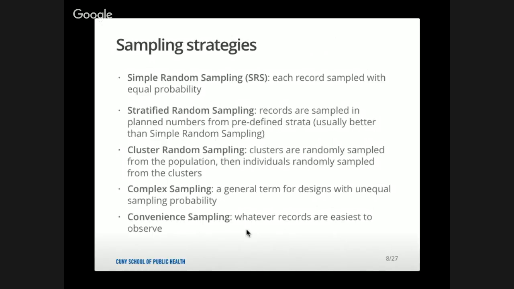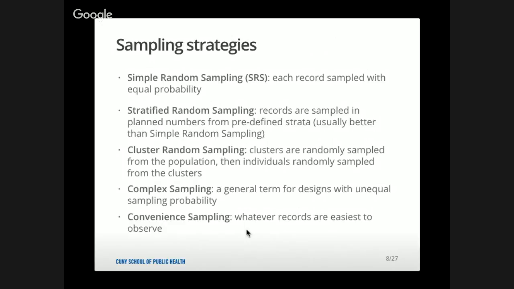So convenience refers to the easiness from a practical point of view to collect the records, or convenience in the sense that the records that you are drawing are easily representative of the population. So convenience refers to what? To the easiness of getting the records.